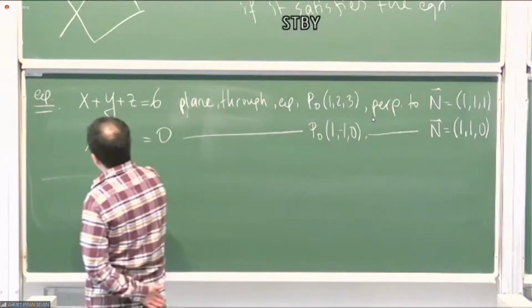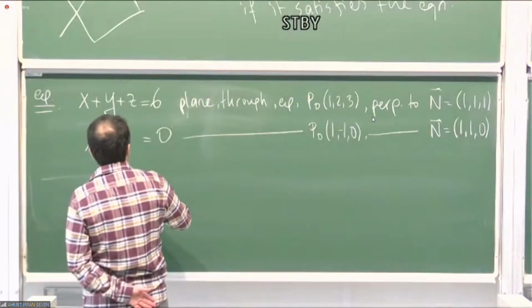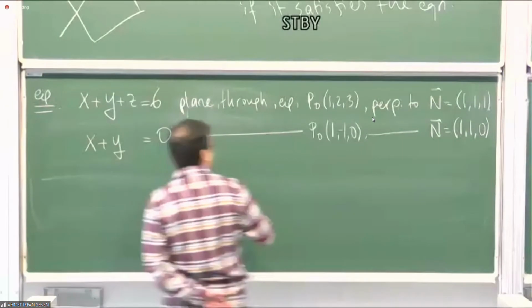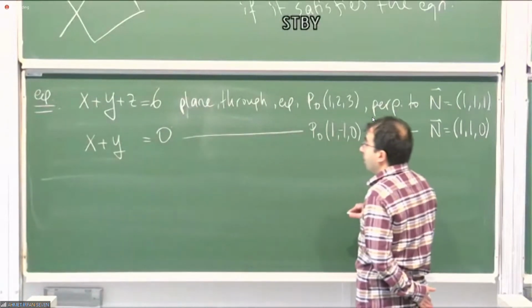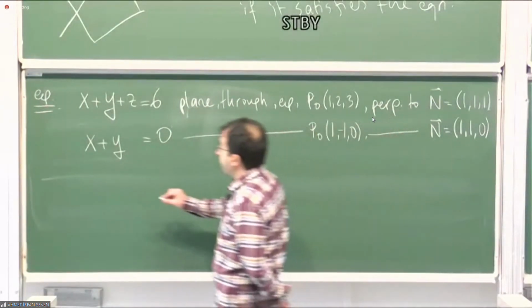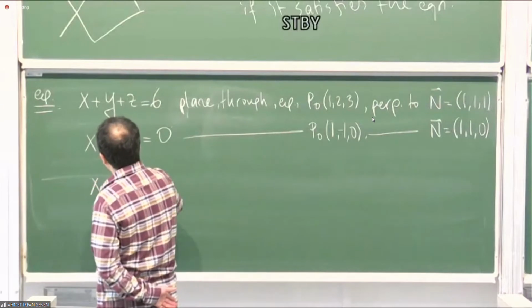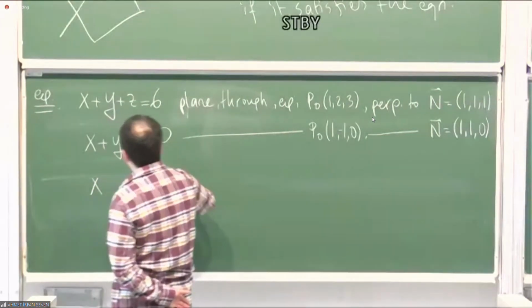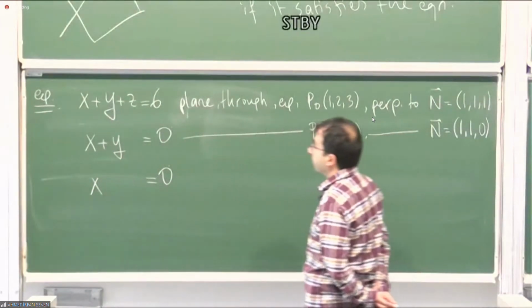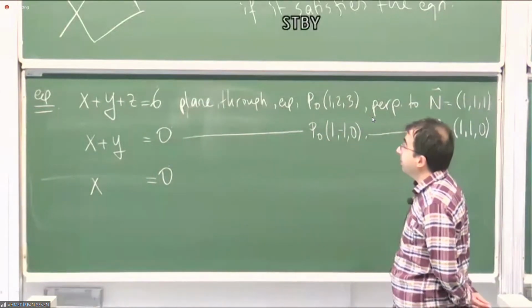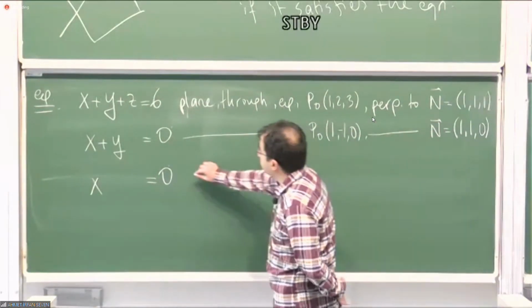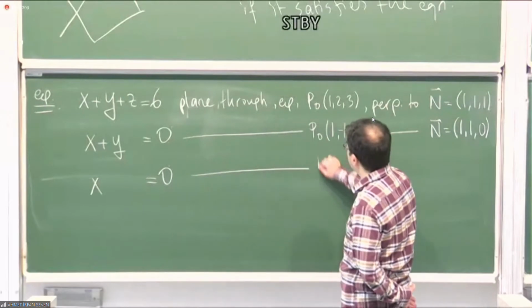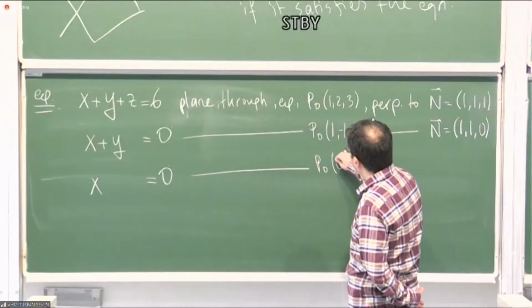All right, let's take one more. x equals 0. This is also a plane because, for example, x is 0.